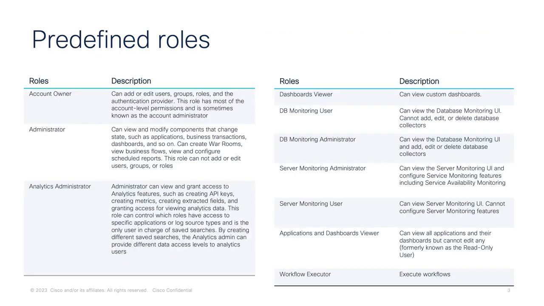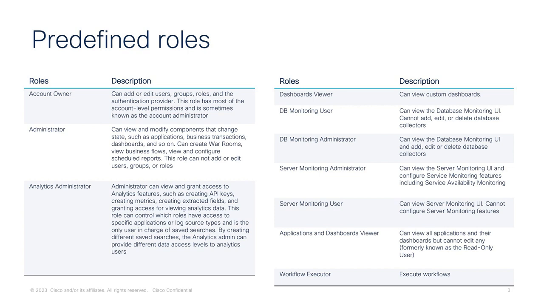This table shows us the roles that are created by default, which cannot be altered. To highlight some roles, the account owner can add or edit users, groups, roles, and the authentication provider. This role has most of the account-level permissions and is sometimes known as the account administrator. The administrator can view and modify components that change state, such as applications, business transactions, dashboards, and so on.